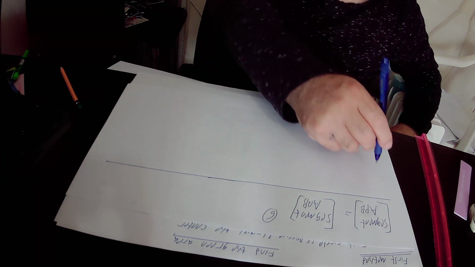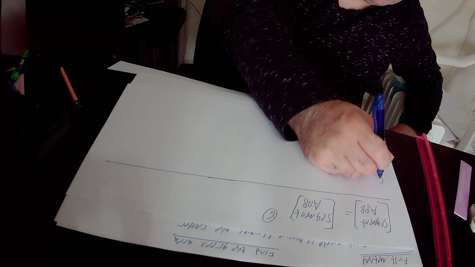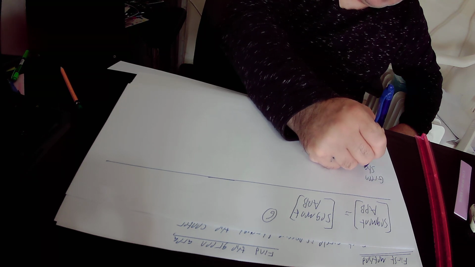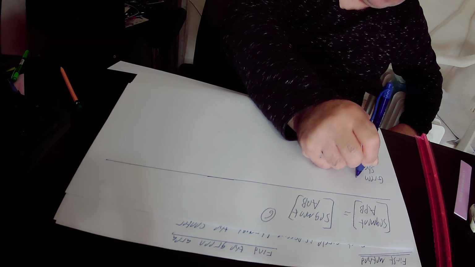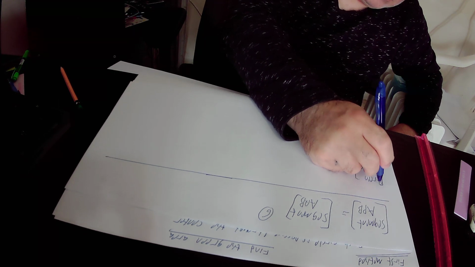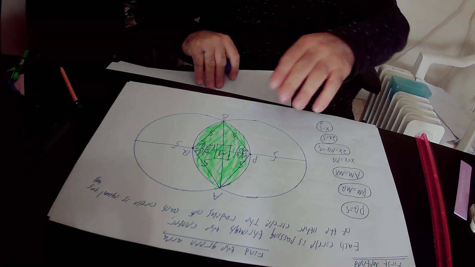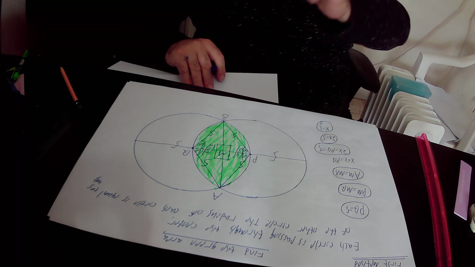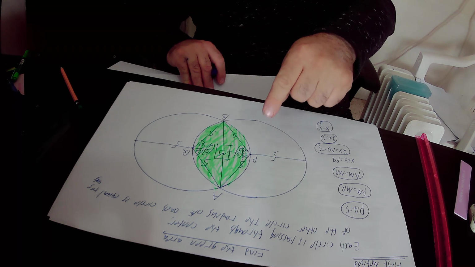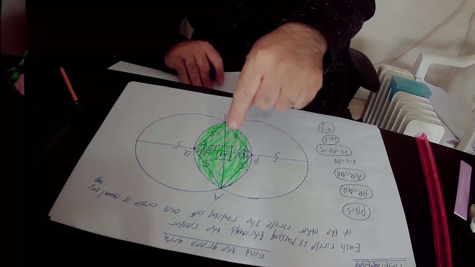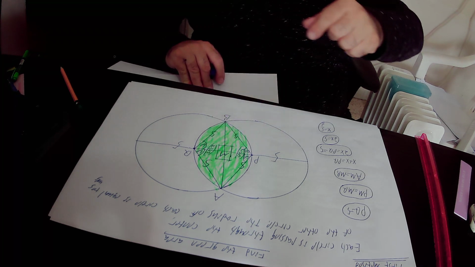And what is the area of the green shape that we are looking for? The area of this green shape that we are looking for will be equal to the area of segment APB plus the area of segment AQB.